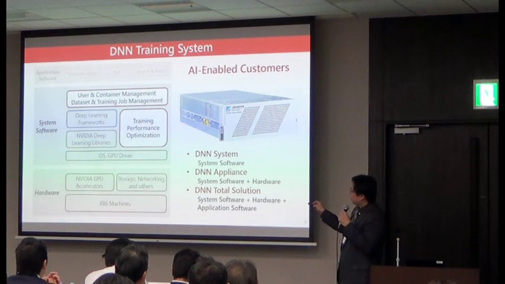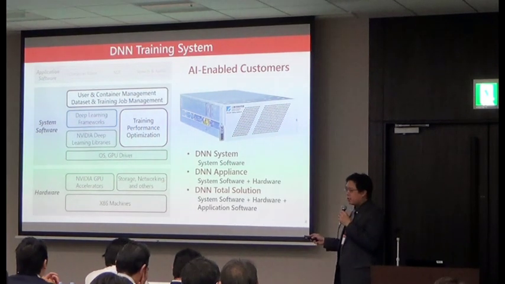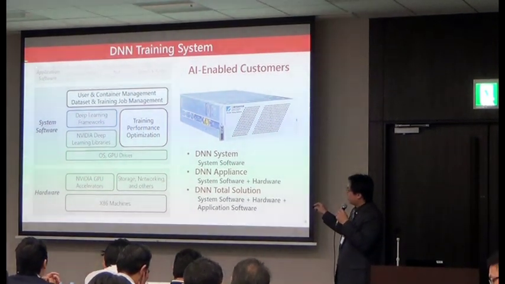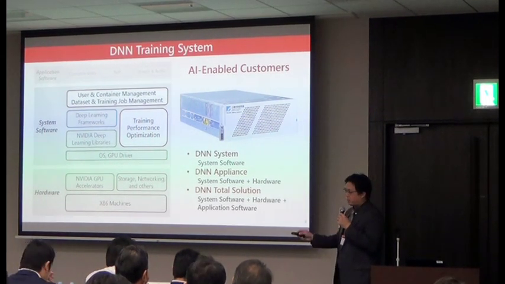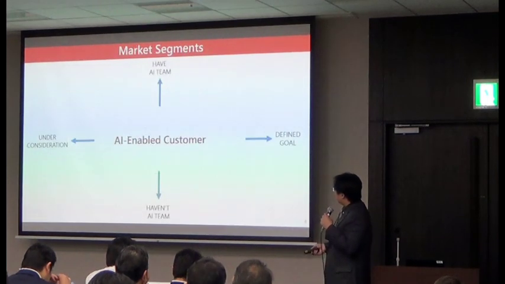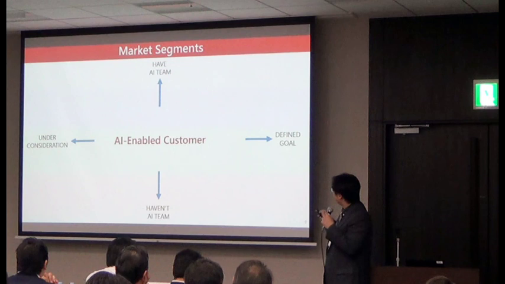But some customers don't even know how to start the AI implementation. So we can partner with a model trainer to provide a model and application, which we call a total solution for the utilities domain. So basically, there are 4 segments in the market.